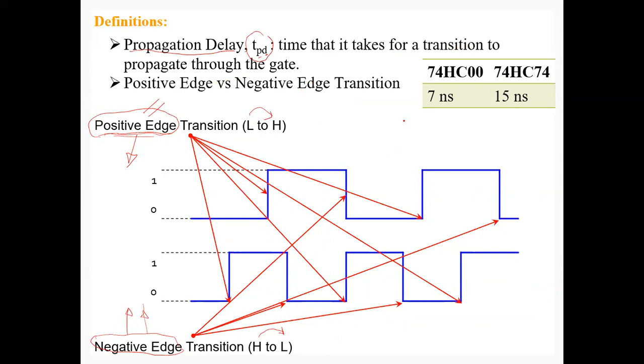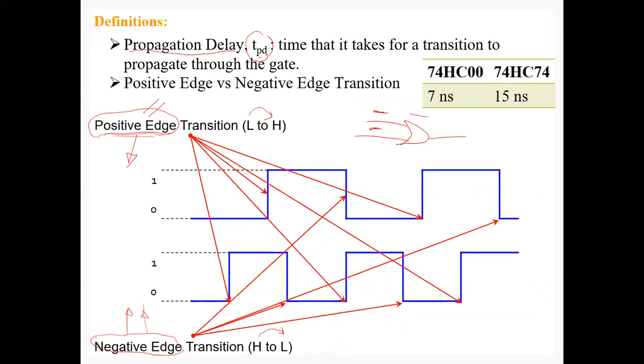Suppose you have a gate. It could be any kind of gate. How long does it take for this signal? Suppose you have a signal here. This is digital, right? This is high.